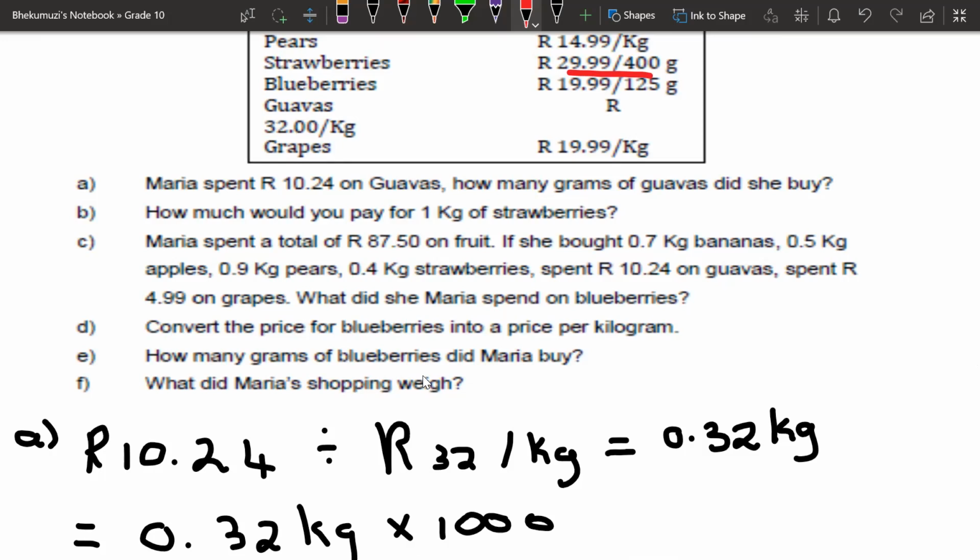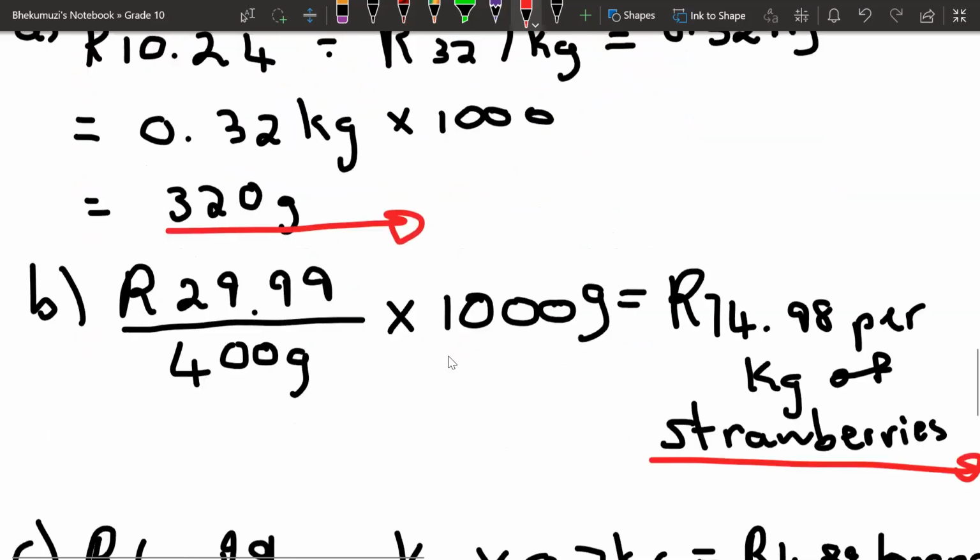What did Mary spend on blueberries, right?